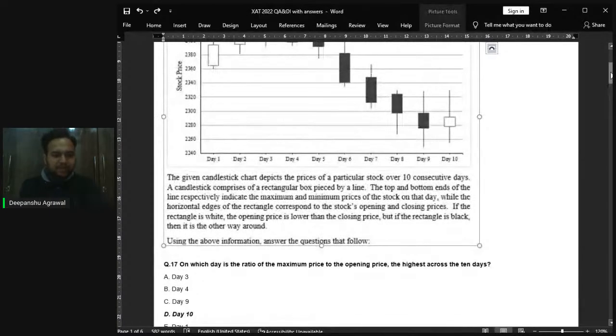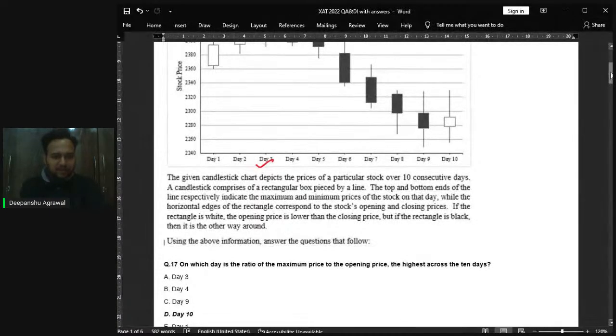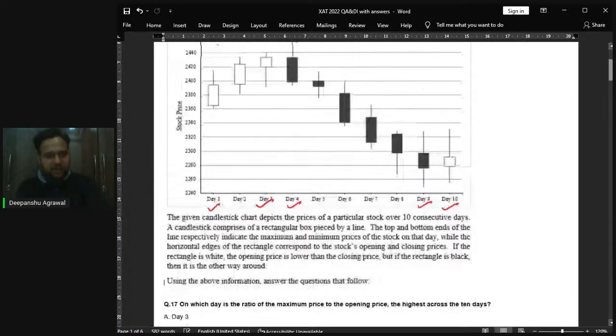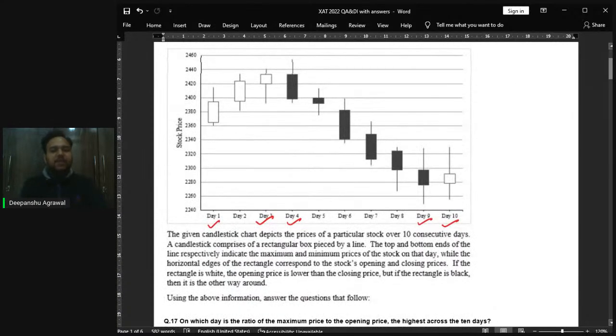We have to calculate for day 3, day 4, day 9, day 10 and day 1. So only for 5 days we have to calculate. Now we have to take the maximum and minimum ratio.